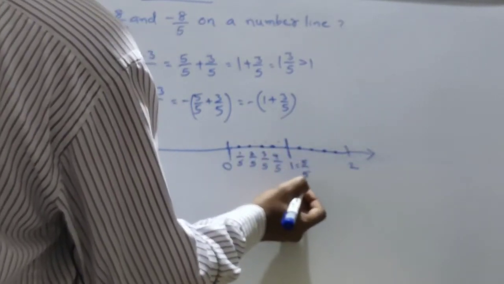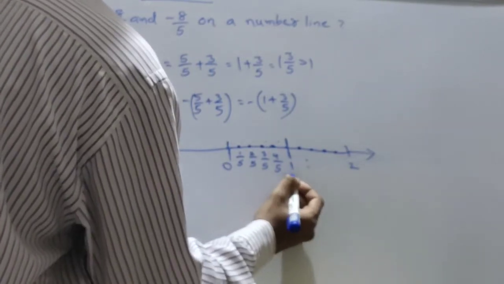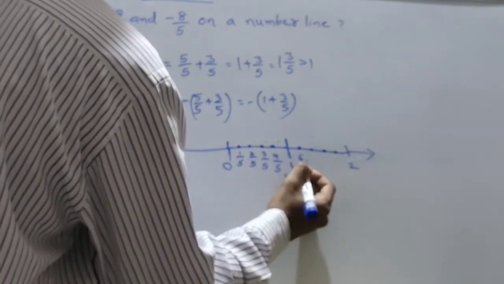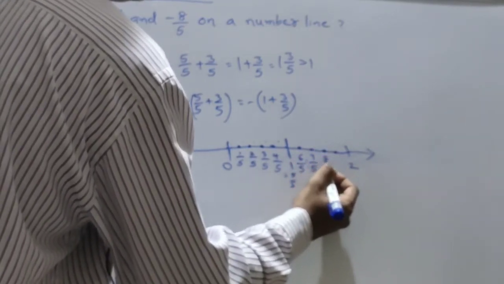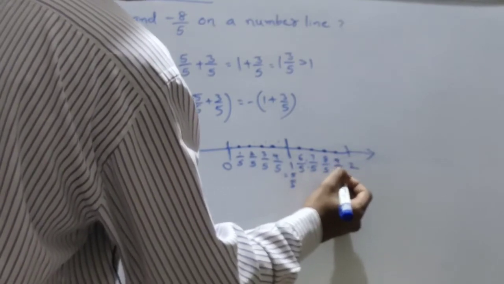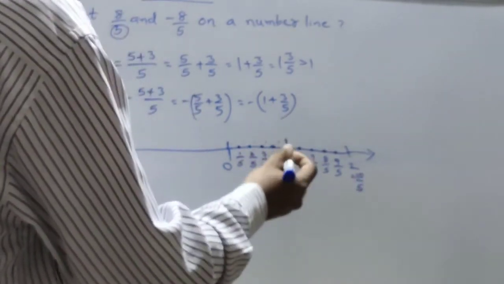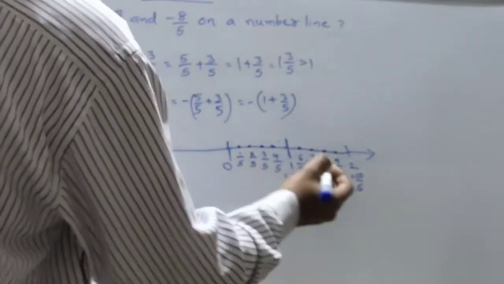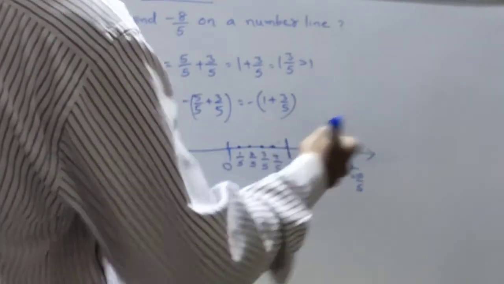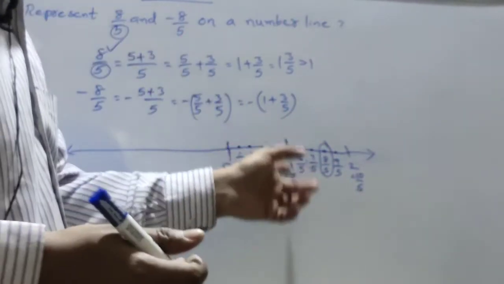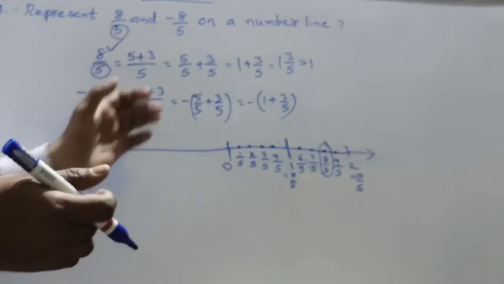After 5 by 5 we get 6 by 5, and continuing like that, 7 by 5, 8 by 5, 9 by 5, and 10 by 5. But we need 8 by 5, which is located here, in between 1 and 2. Like this we can easily represent 8 by 5 on the number line.